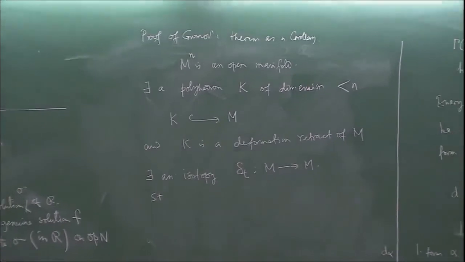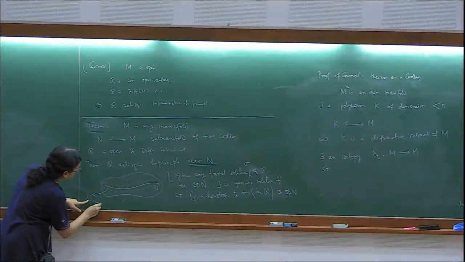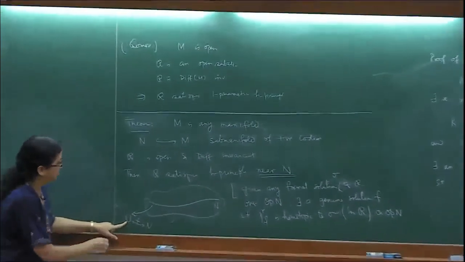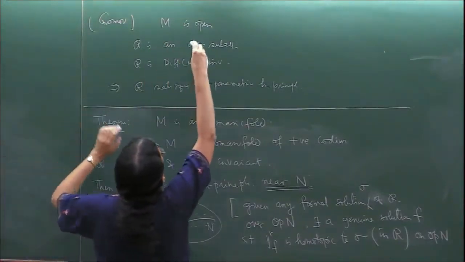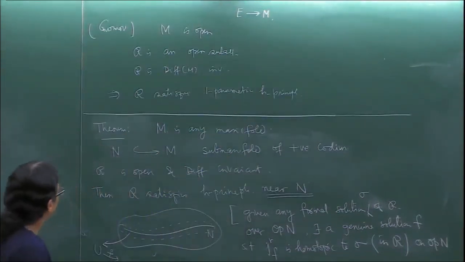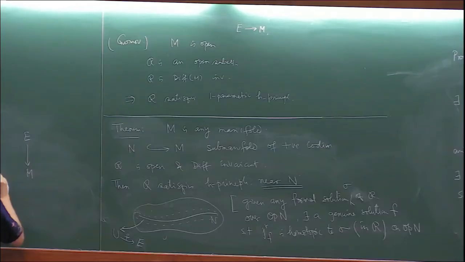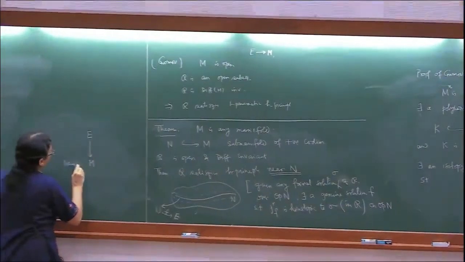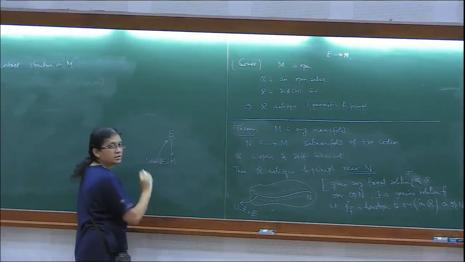Let us call this dotted neighborhood of N, U, and suppose you have got a solution for some E over N for a fibration. So you have a section of E only over U, not beyond that. E is a bundle over M, you have an N inside this, and I insert an open set here, and basically you have a section over this.